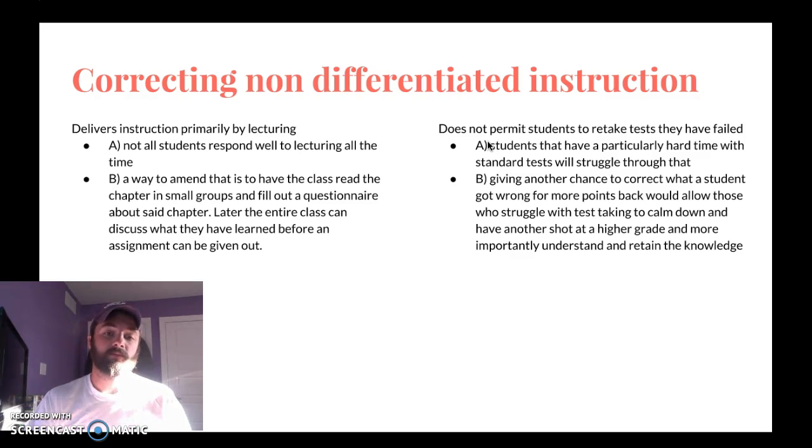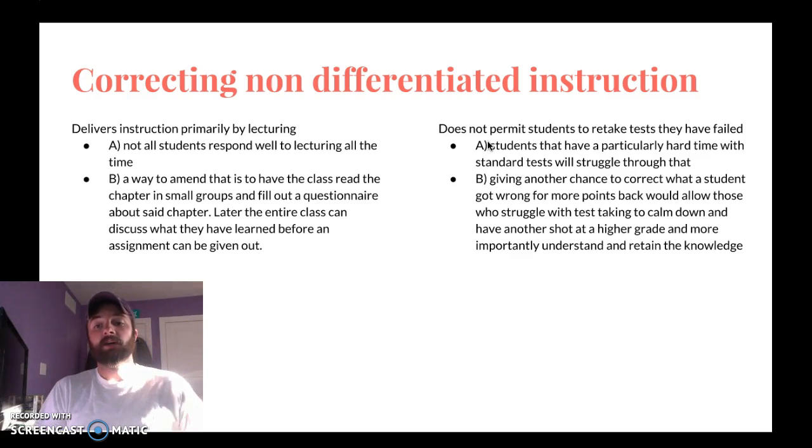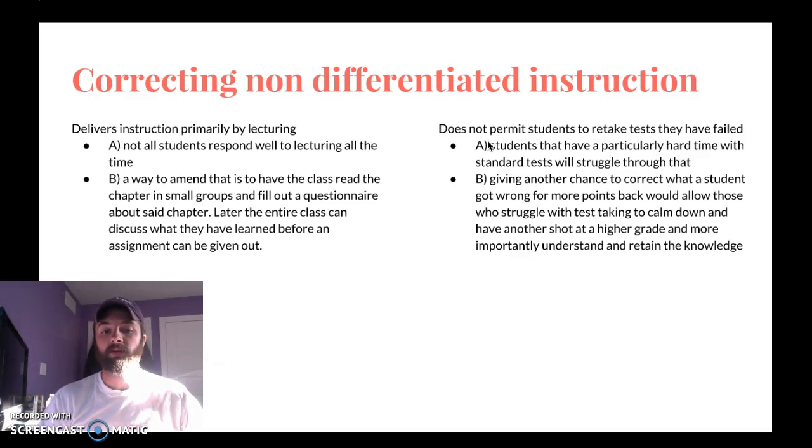There's 100 different reasons why a student would have a hard time taking a test, or if they hadn't studied, they hadn't studied, but still, not all students take tests alike, and giving another chance to a student, there's going to have to be parameters around this second test, but in my opinion, what I would do is allow them to go back and redo the ones that they've missed.